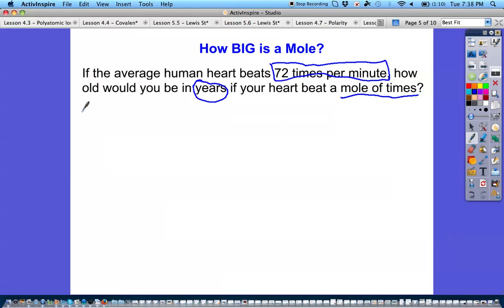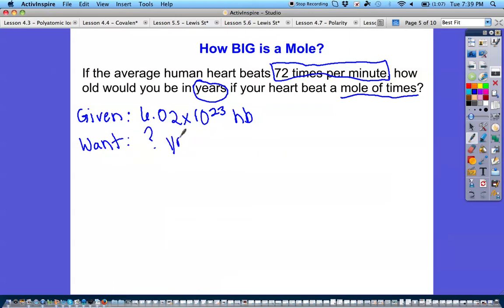In this problem, we are given a mole of heartbeats, which is 6.02 times 10 to the 23rd heartbeats. And we want to find the number of years. This 72 times per minute is going to be a conversion factor.